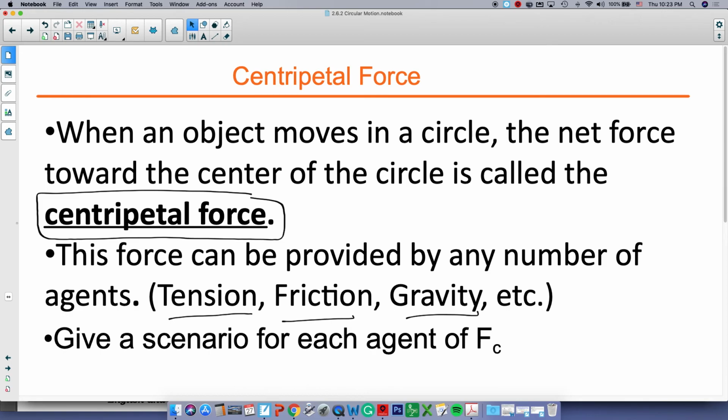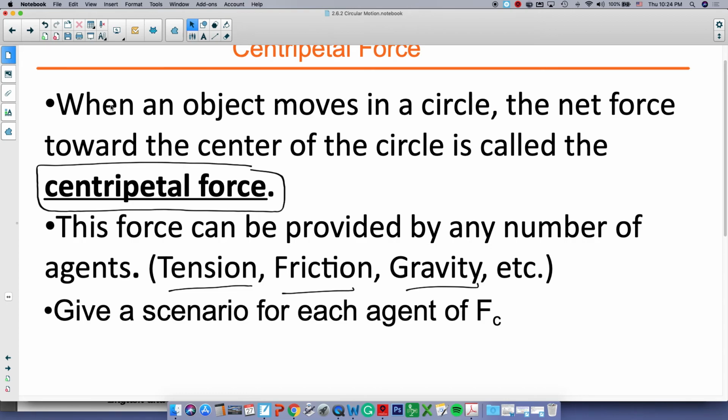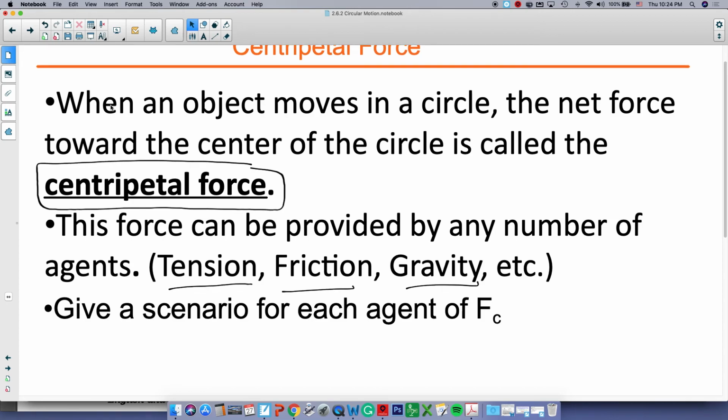Nuclear, I don't know about that. Electrical could probably cause something like that. It says, give a scenario for each agent of centripetal force. I already did that earlier in the video. Tension would be a rope or a chain, friction would be driving around a bank or a curve, and gravity would be like a satellite.